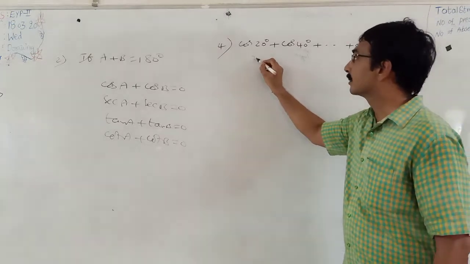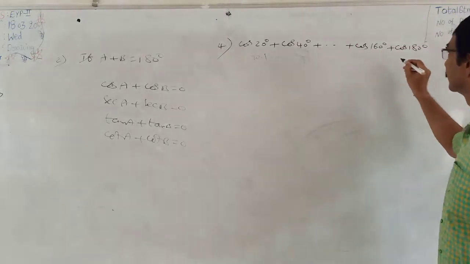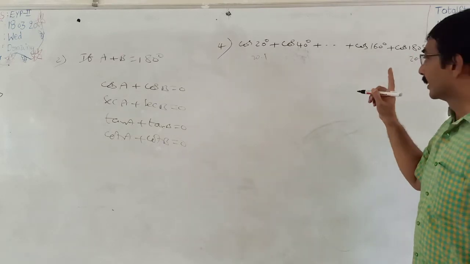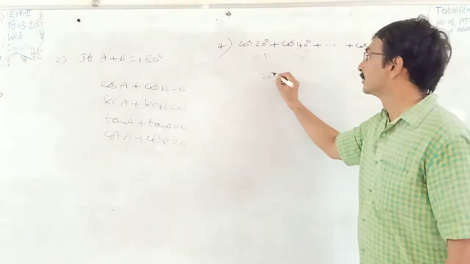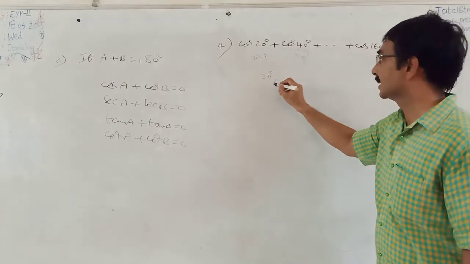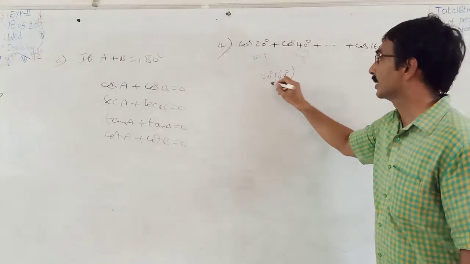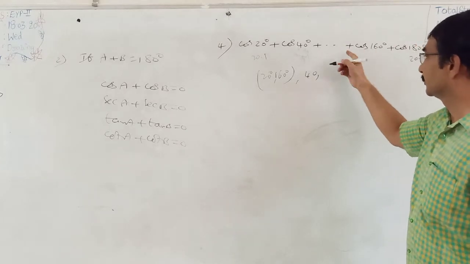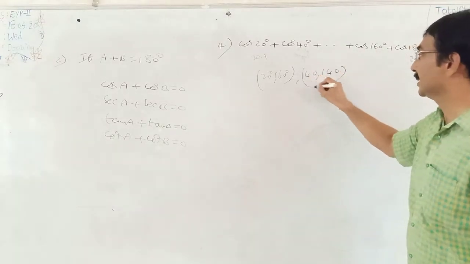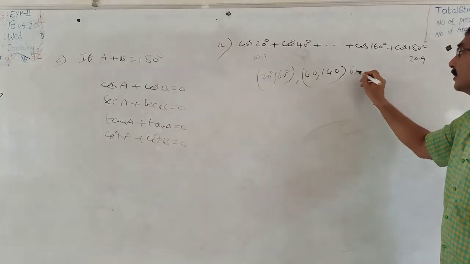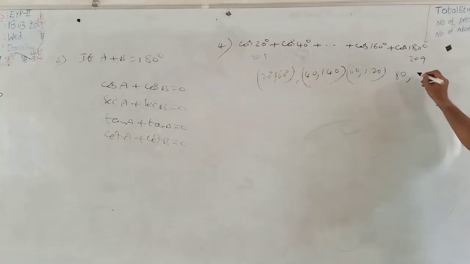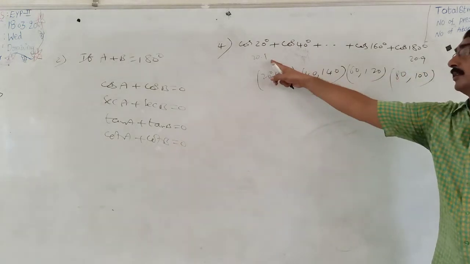Here 20 into 1 to 20 into 9, there are 9 terms. 20 degrees plus 160 degrees is 180. 40 plus 140 is 180. Next 60 plus 120. Next 80 plus 100. So the total number of terms is 9.